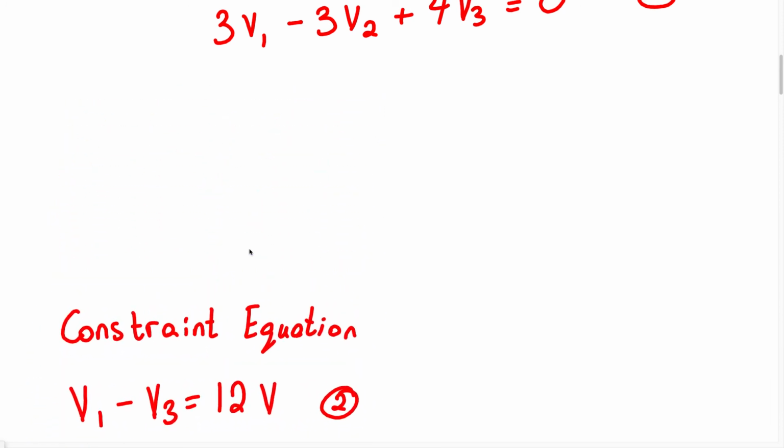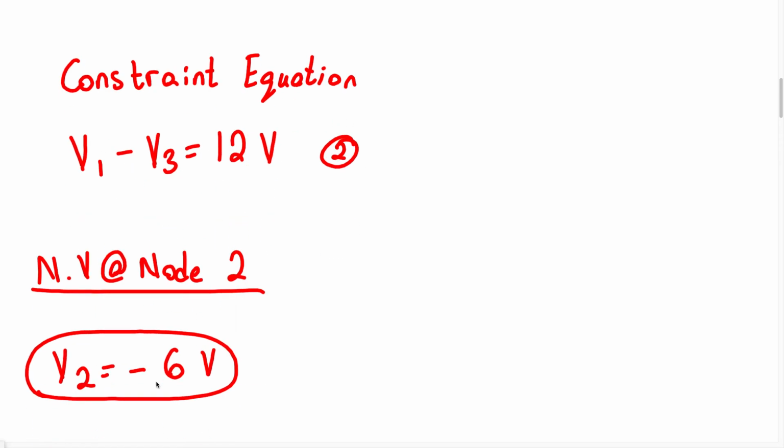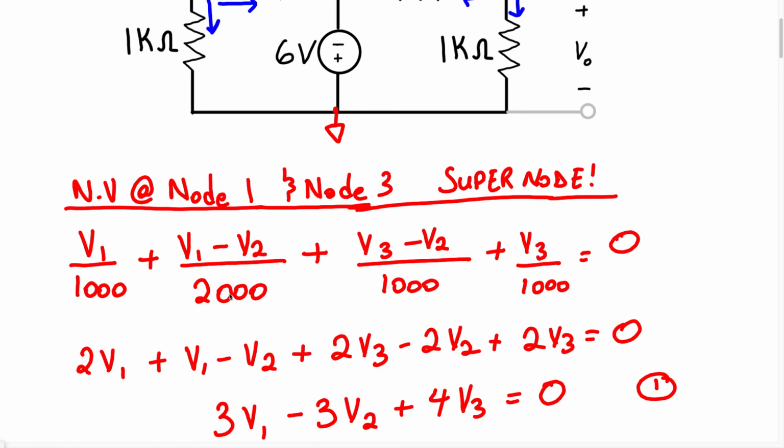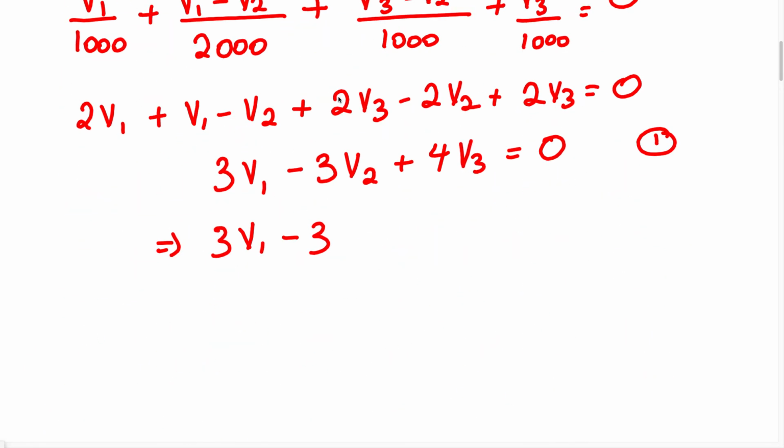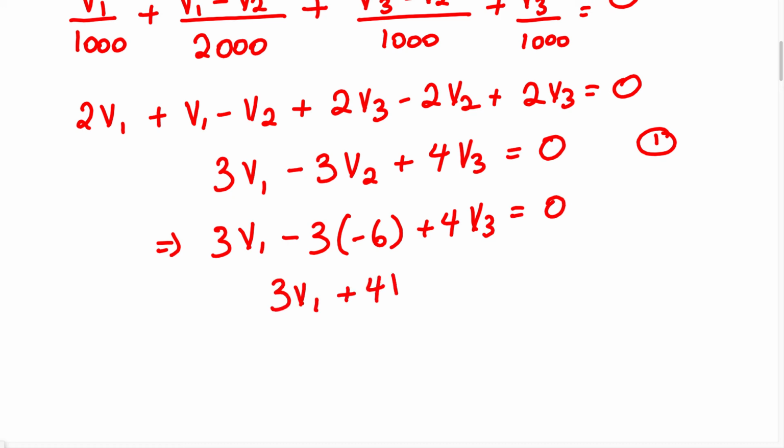So we have 3V1 minus 3 times, now we know V2 is going to be negative 6 volts because of the polarity of this voltage source, so negative 6, plus 4V3 equals 0. When we solve for this, we're going to get 3V1 plus 4V3 equals negative 18. So this is going to be our updated equation 1.